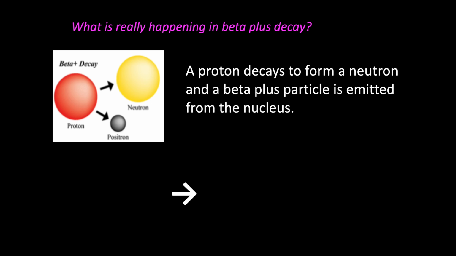So here, a proton decays to form a neutron and a beta plus particle, or a positron. And a positron is simply a positive version of an electron. And just like before, our mass numbers add up, as do our atomic numbers on the bottom.